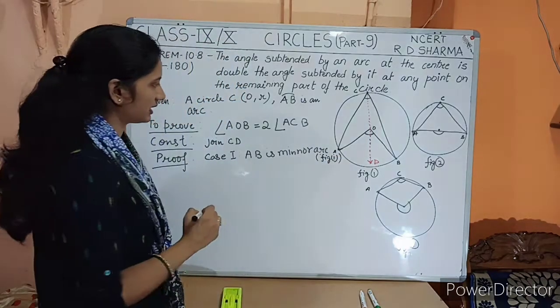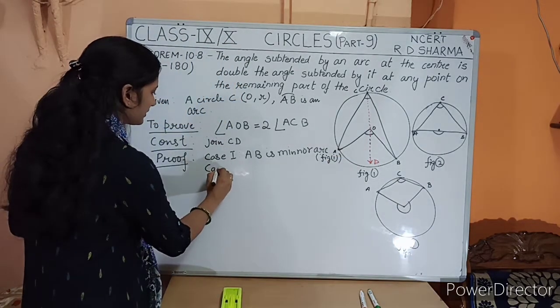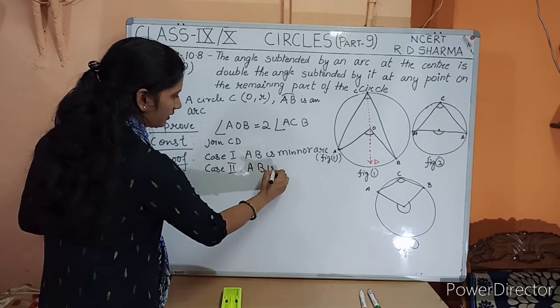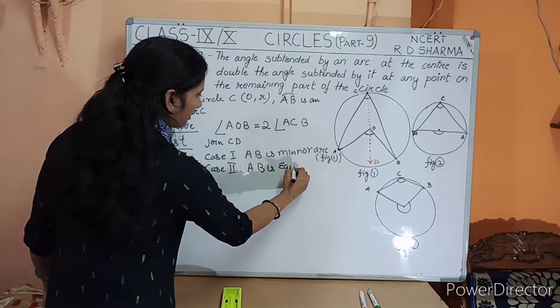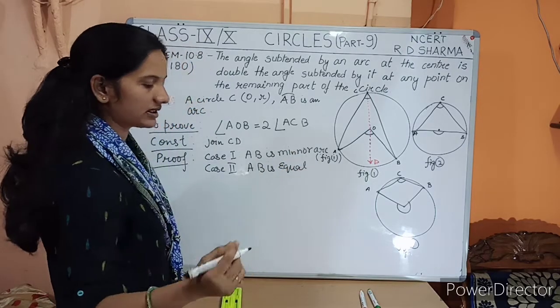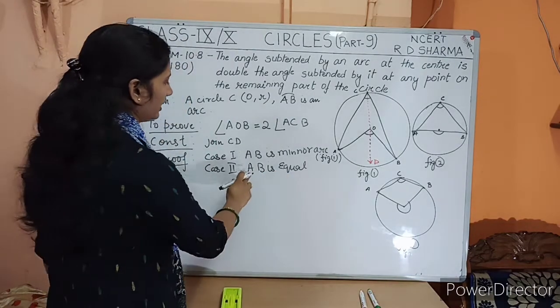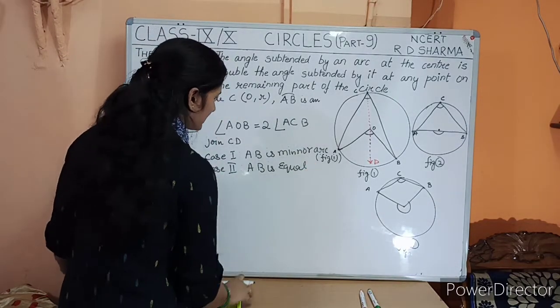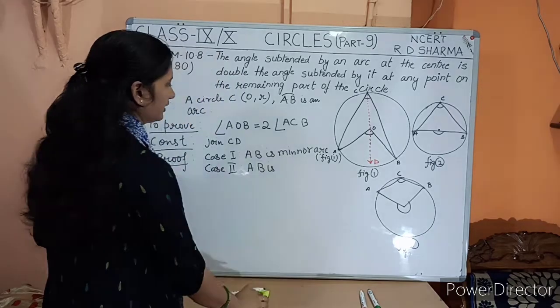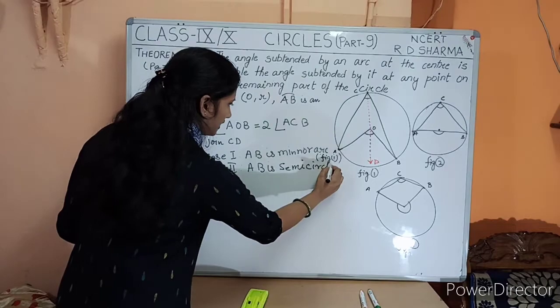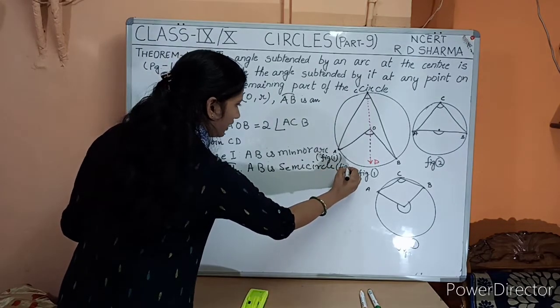You can see that, right? Case 2 is when AB is an equal arc, meaning neither is major or minor. So here AB is equal, or we can say that AB is a semicircle. This is represented in figure 2.